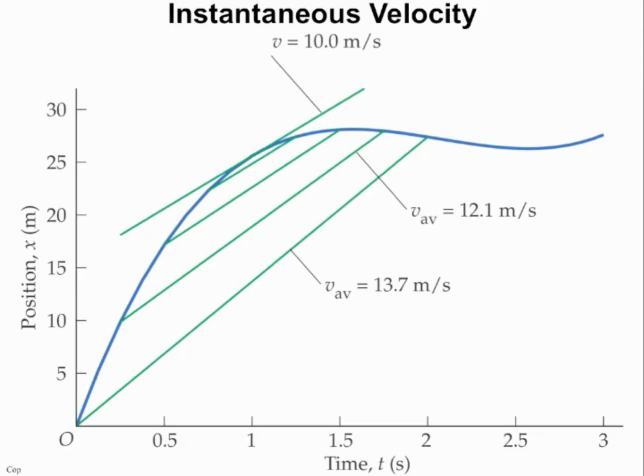The slope of the tangent line at t equals 1 is 10.0 meters per second. So as these intervals approach and get closer and closer to a single point, the slope of the tangent line represents the instantaneous velocity.